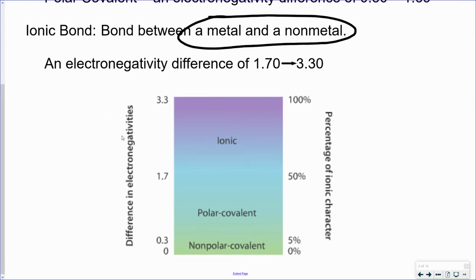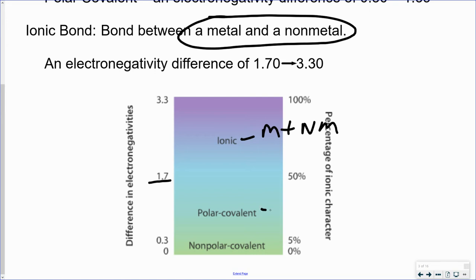So, what do I mean? So, ionic is automatically a metal plus non-metal. However, you can have an ionic bond between a metal and a non-metal that doesn't reach the 1.7 threshold when it comes to electronegativity difference.